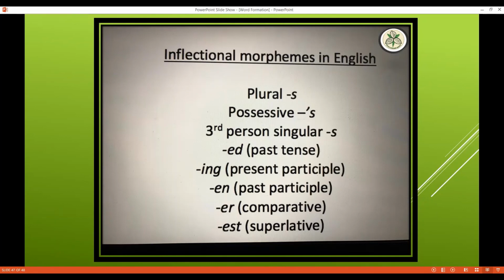But the er in colder is doing something more grammar-like. And the last of these is the superlative, the est, such as in the word coldest. So there are just eight inflectional morphemes in English. But other languages may use a lot more inflectional morphology.